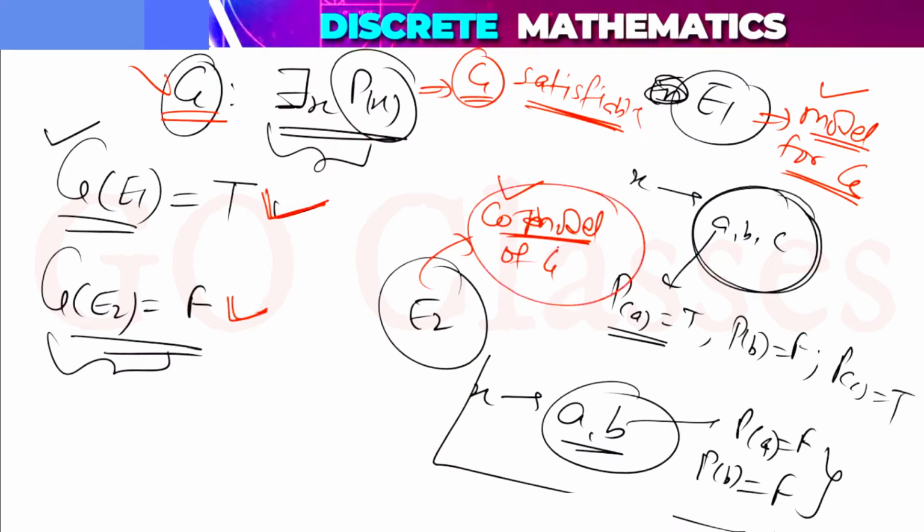Because there exists a co-model, I can say that G is not always true. G is sometimes true, sometimes false. We call this: G is satisfiable, but G is not valid. G is invalid.